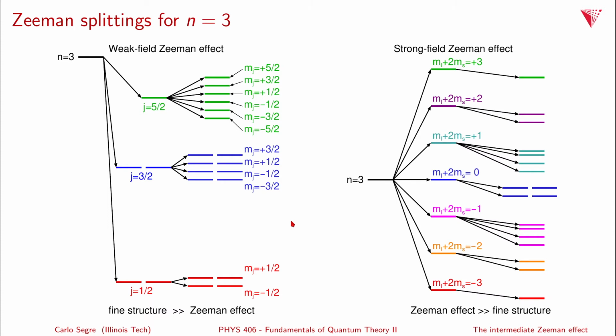On the other hand, if you have a strong Zeeman effect, you start with the highly degenerate n equals 3 state. You split that out into 7 states where m sub l plus 2m sub s is different. So you have 7 states with m sub l plus 2m sub s, in this case going from plus 3 all the way to minus 3.